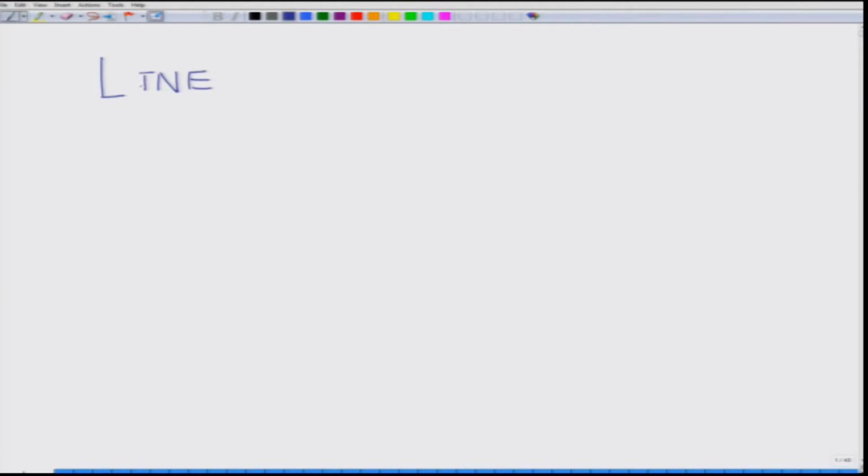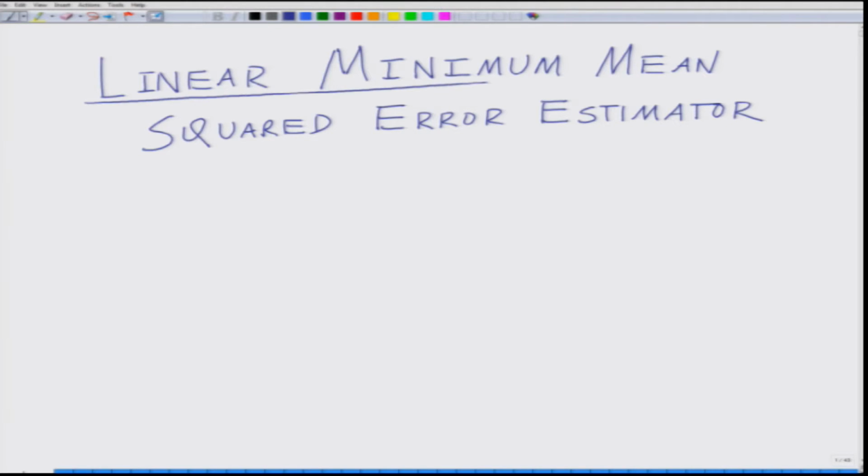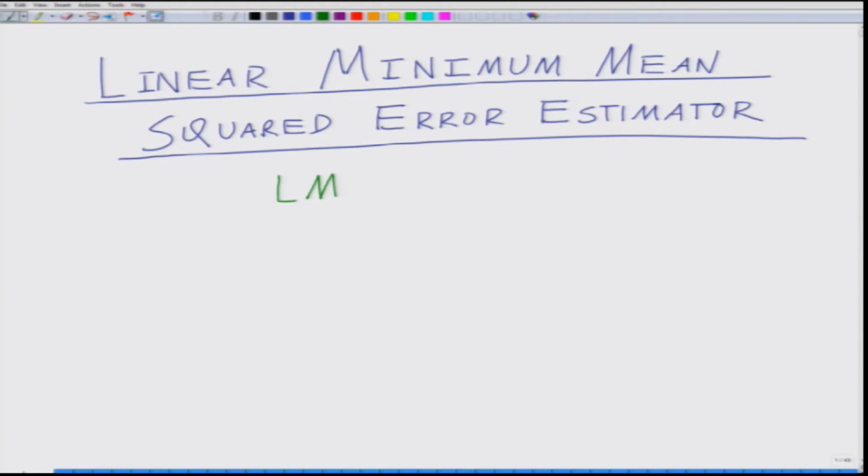This is known as the linear minimum mean squared error estimator, and this is also termed as LMMSE, where L is for linear minimum mean squared error.